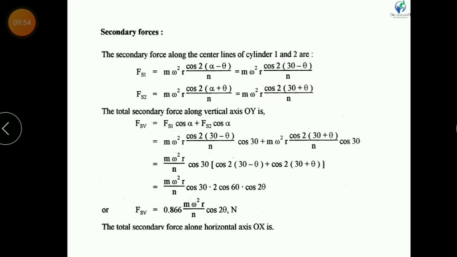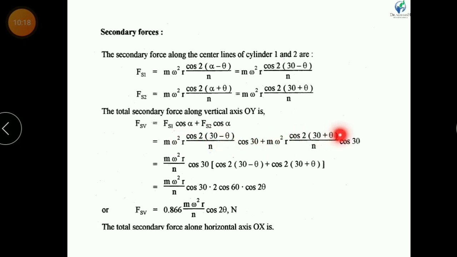We know that FS1 and FS2 have two components, horizontal and vertical. The vertical components are in the same direction, so we add them. So total secondary force along the vertical axis, FSV is equal to FS1 cos α plus FS2 cos α.